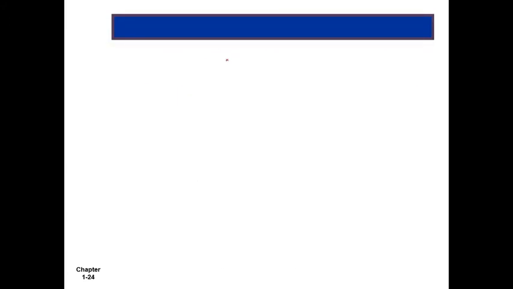So for direct material, we have two. One is traceable, which means we can easily trace that this component is in your product.